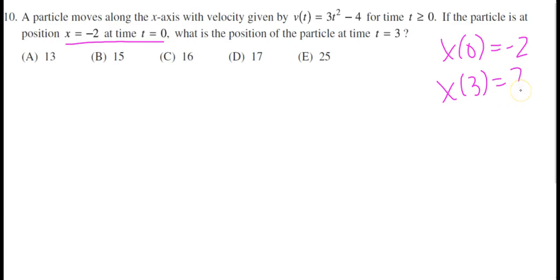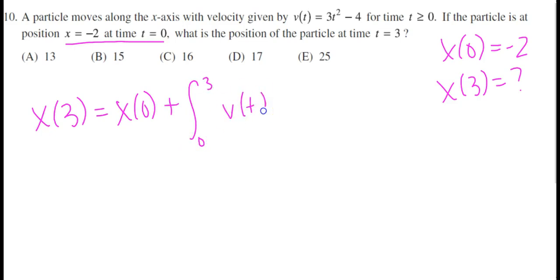So you're given one function value, asked to find a different one. So position at time 3 will be equal to position at time 0 plus how far you've been displaced from time 0 to 3. Okay, again, f of b equals f of a plus the integral from a to b of f prime.